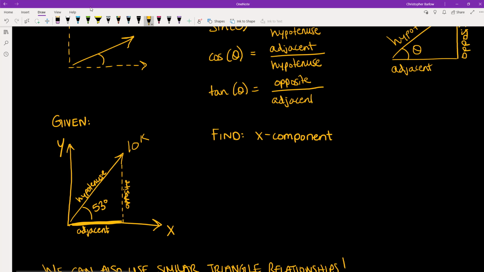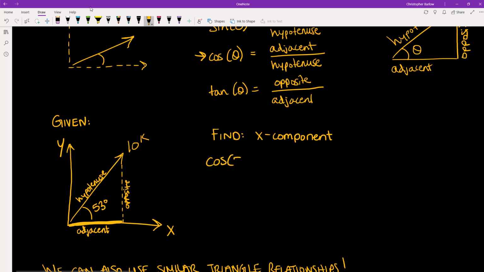And so the equation that we need here will relate this angle that's given to the hypotenuse and our adjacent side. And of course, the equation that does that is this cosine equation.